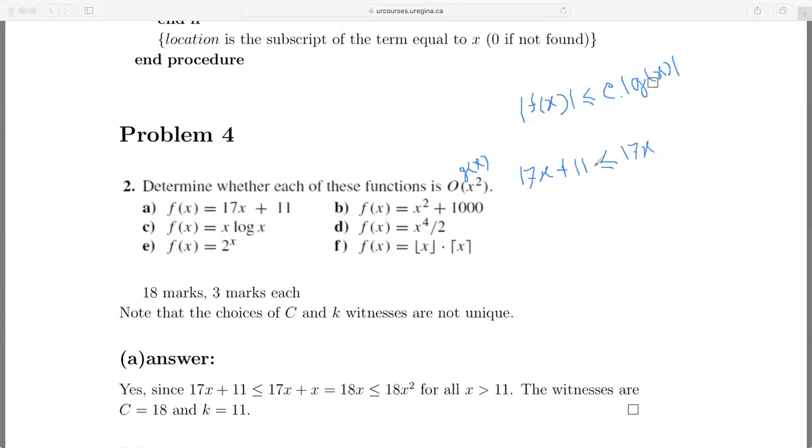You can bump 11 up to the highest term x, so you can write x instead of 11, and it equals 18x. Now you can again bump this up to the highest term: it's less than or equal to x times x, because you put x instead of 18, so that's x squared.